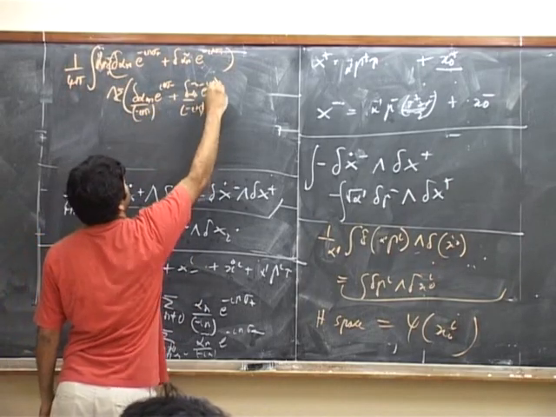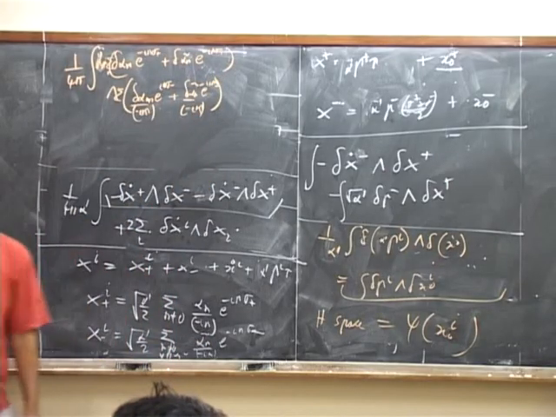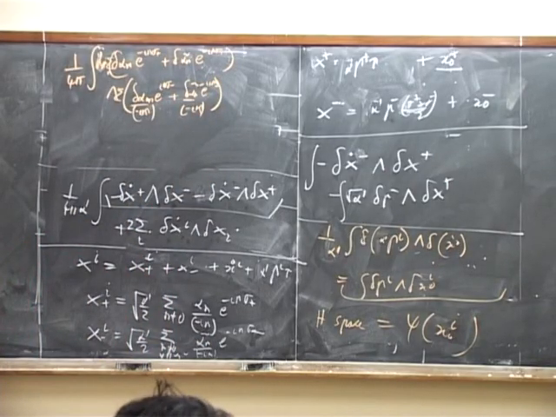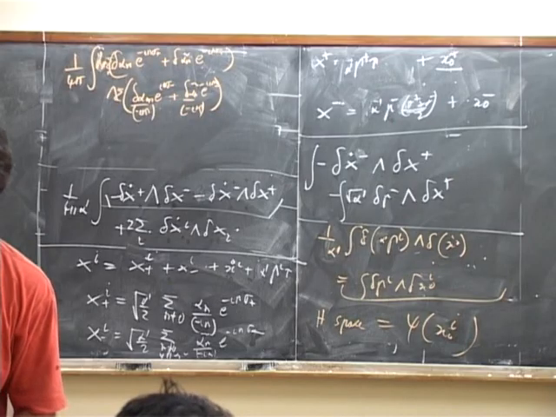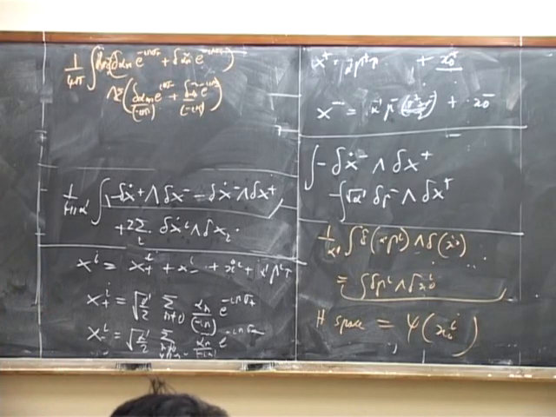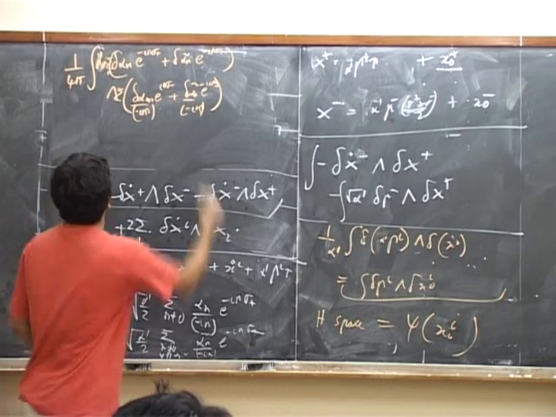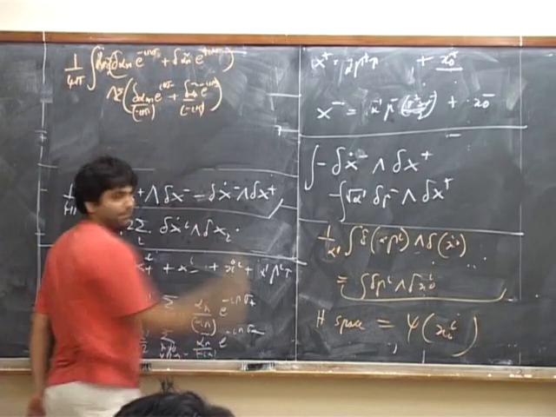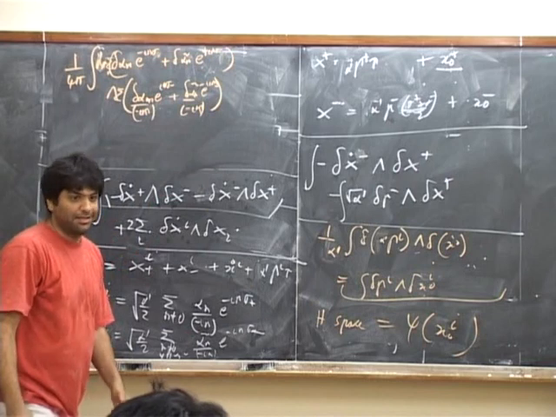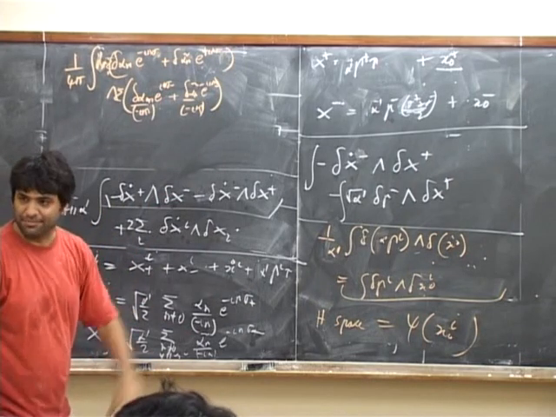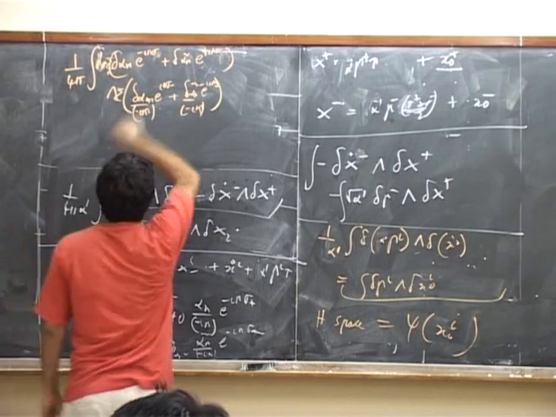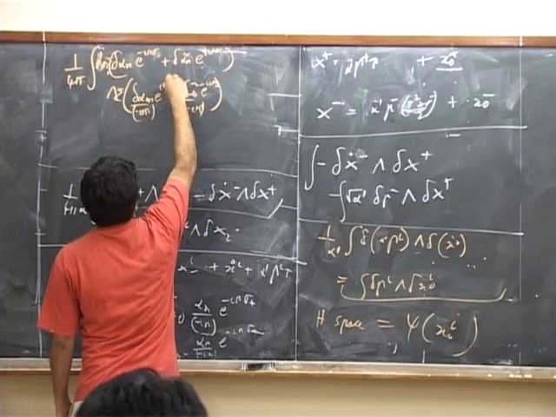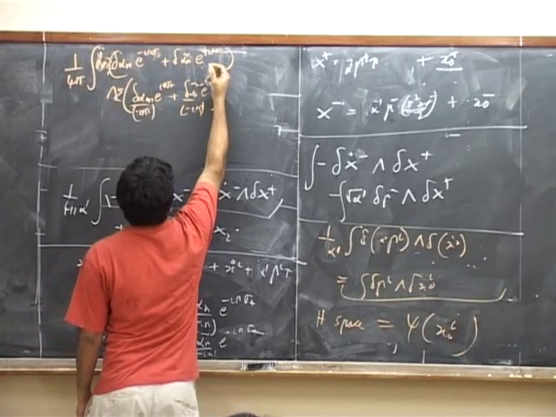At tau equal to 0, both sigma plus and sigma minus will become basically sigma, but there's a minus sign. So sigma plus and sigma minus are sigma and minus sigma. Now that we've taken the time derivative, we can just make the replacement.